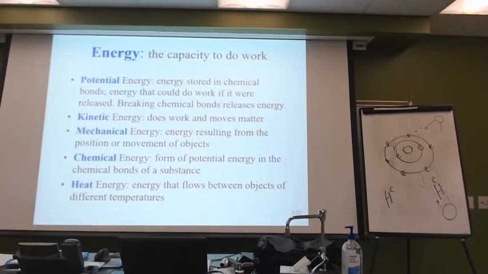As these chemical reactions occur, one of the things that happens is that we either stored energy or we gave off energy. Energy, the definition, is the capacity to do work.